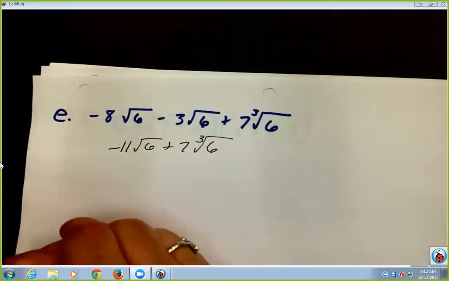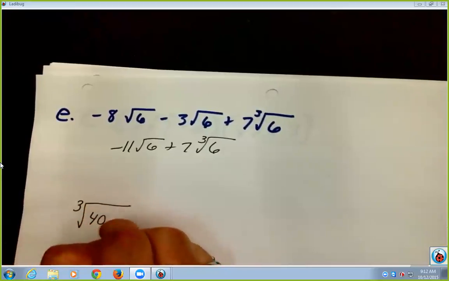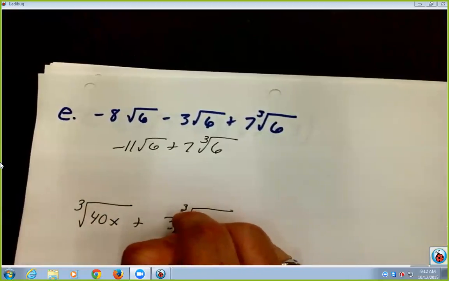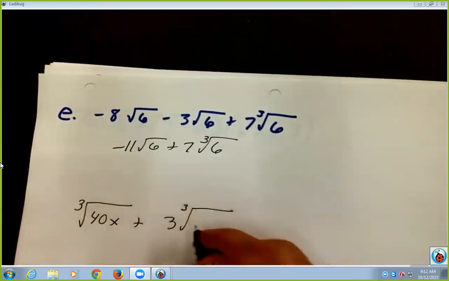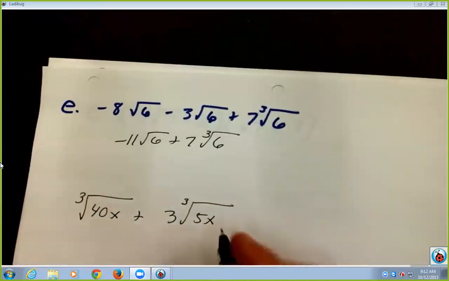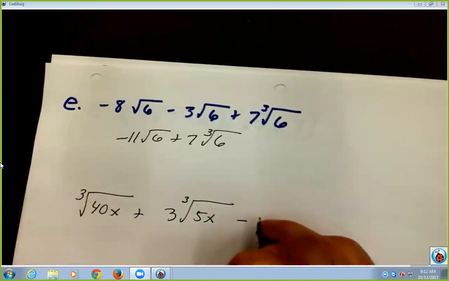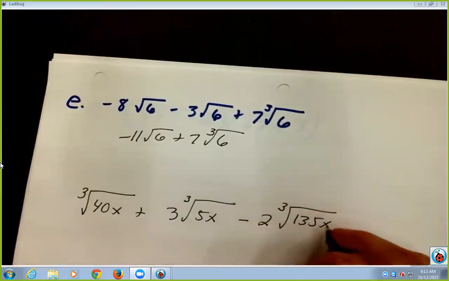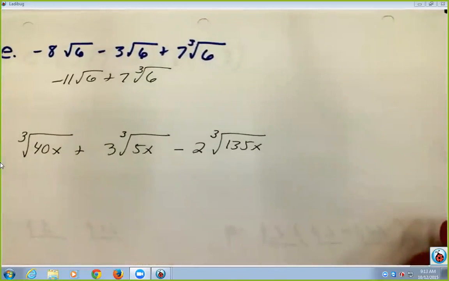We'll do this one. How about the cube root of 40x plus 3, the cube root of 5x, minus 2, the cube root of 135x.